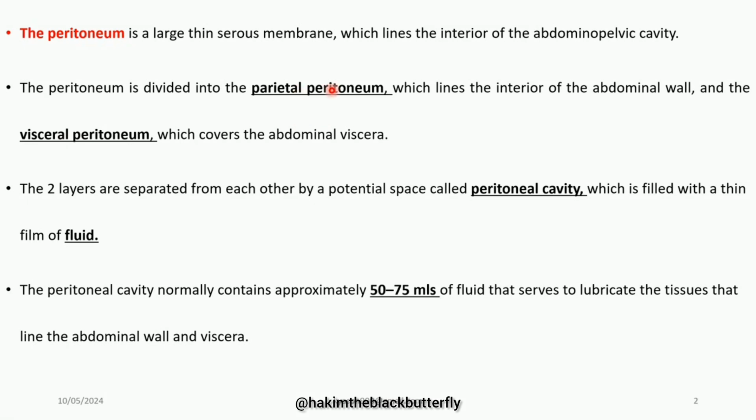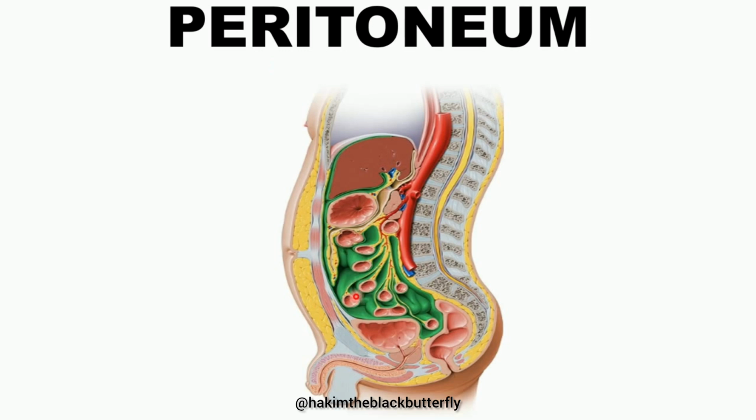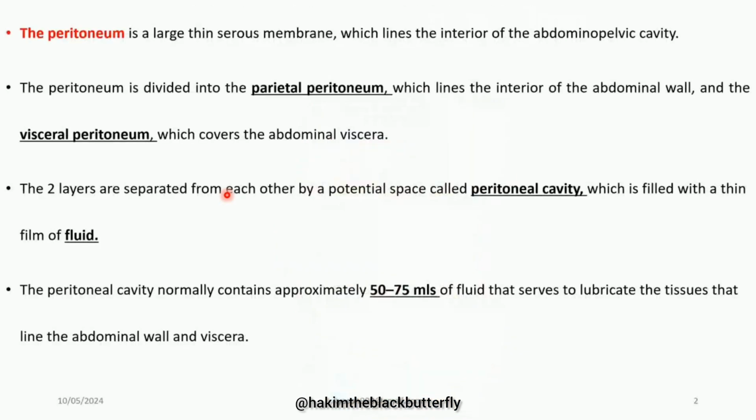The parietal is close to the abdominal wall, because the word parietal means wall. This is the visceral. It reflects onto the wall to become the parietal. Okay, so these two layers are continuous with each other and separated by a space that we call the peritoneal cavity.